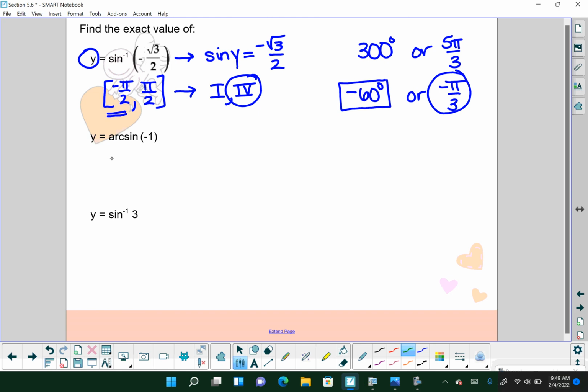Arc sine of negative 1, that is the same as inverse sine of negative 1. They're going to flip back and forth between these notations. So that means the sine of some angle y is equal to negative 1. And again, we are looking in quadrant 1 or 4 if it's an inverse sine function.